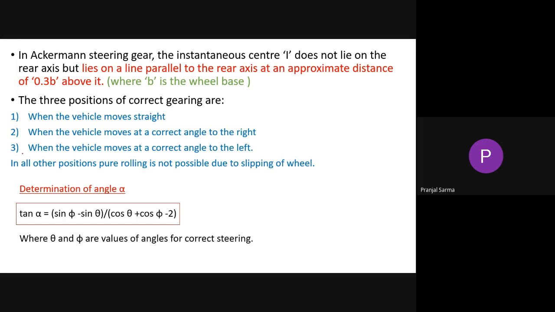If you need to find the angle alpha, you can find it using this particular relationship, where we already know theta and phi are the values for correct steering.